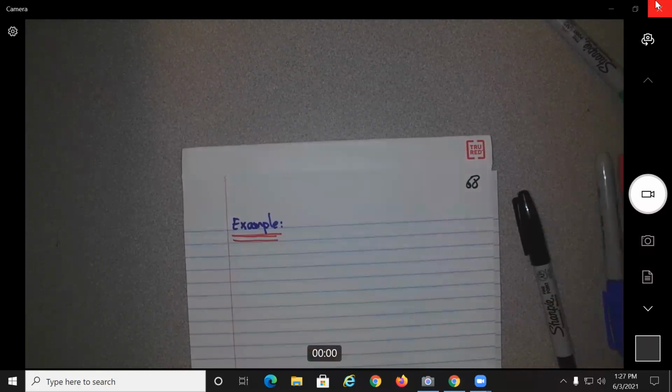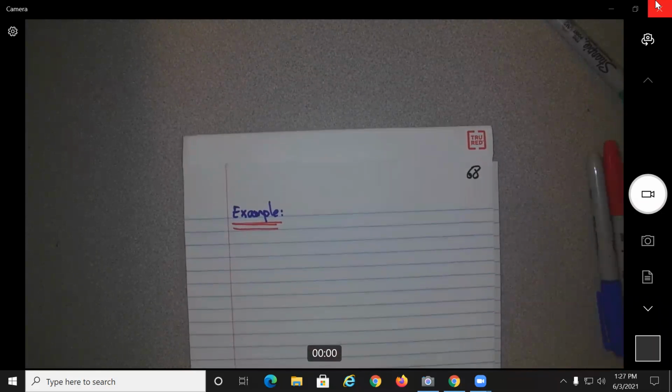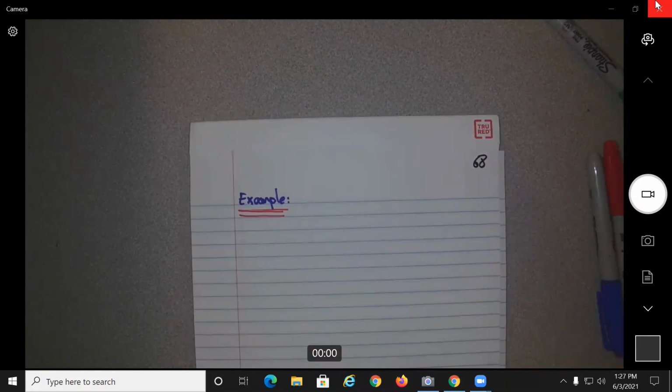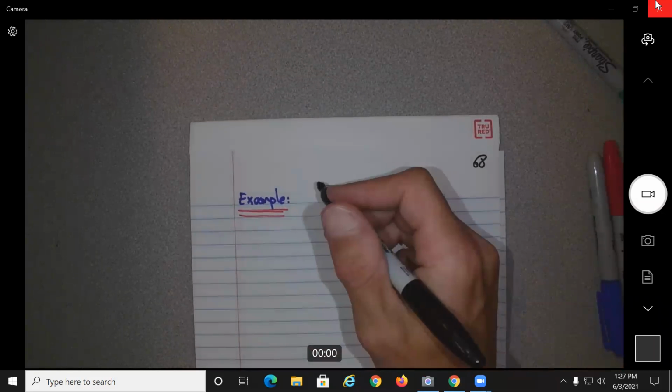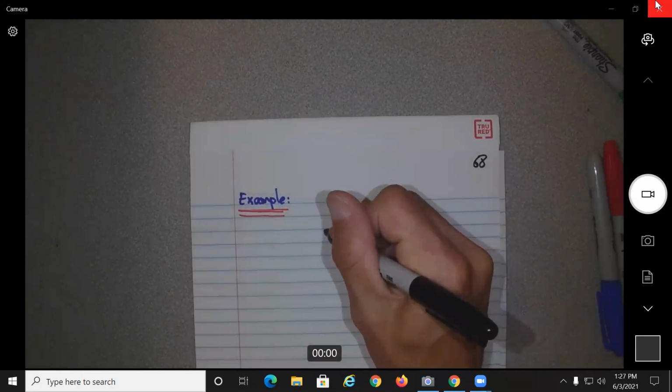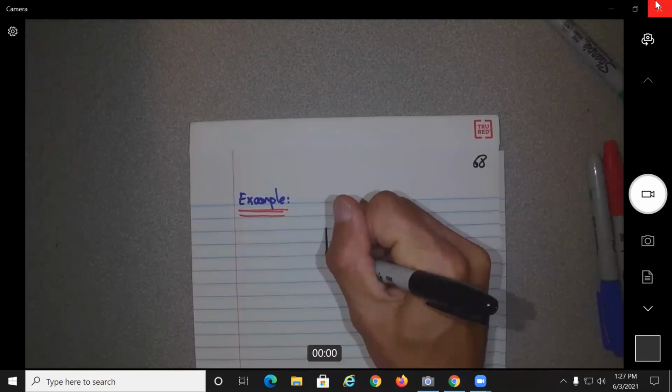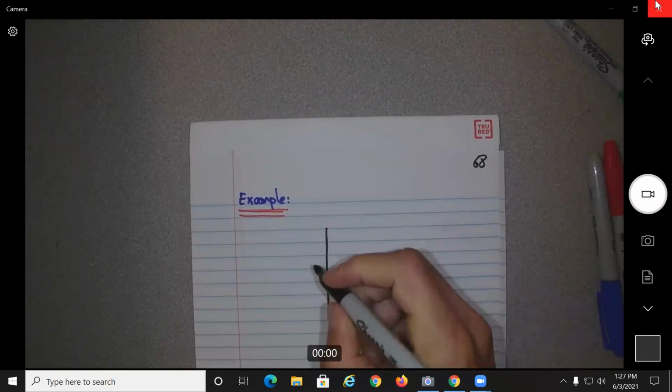All right, so in this example, what we have is some structure, so you have a long tube over here.